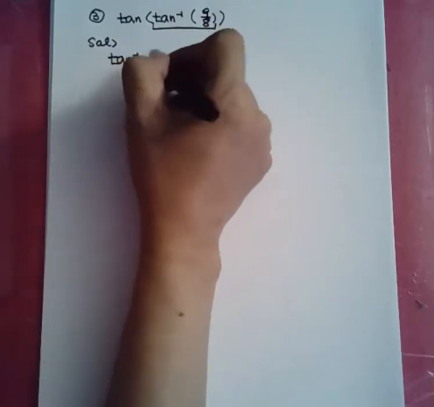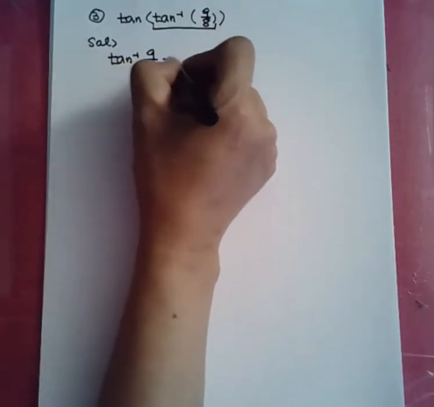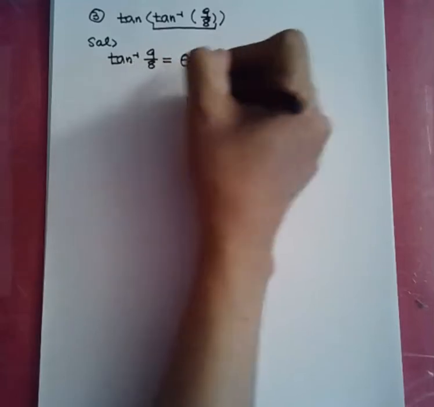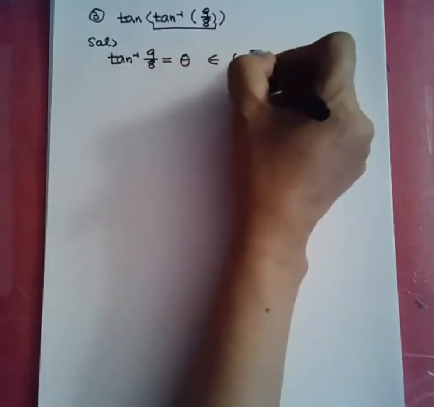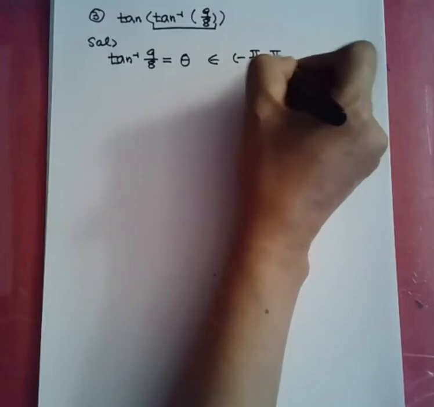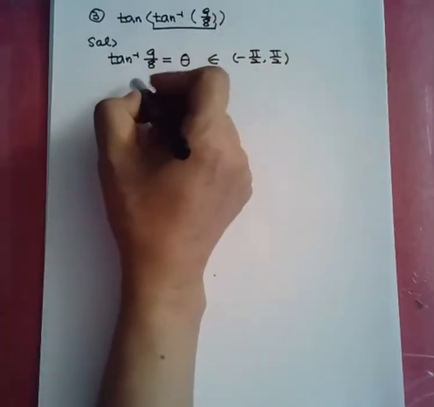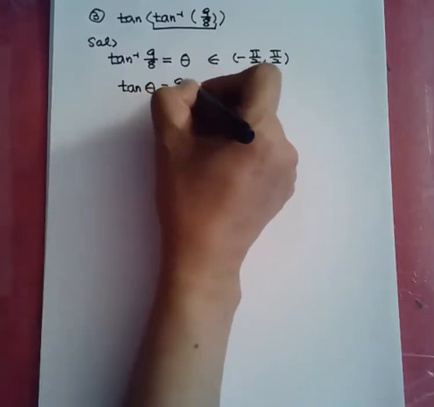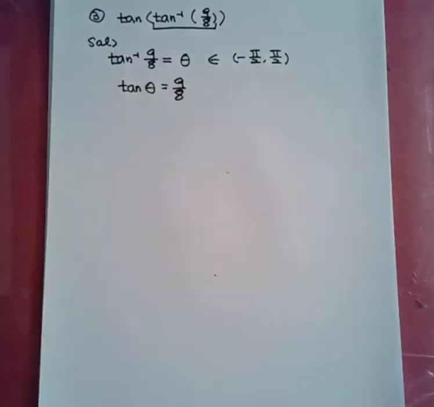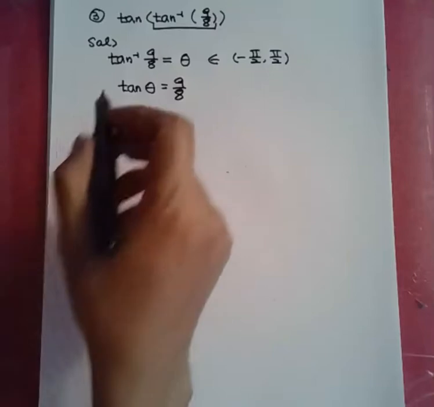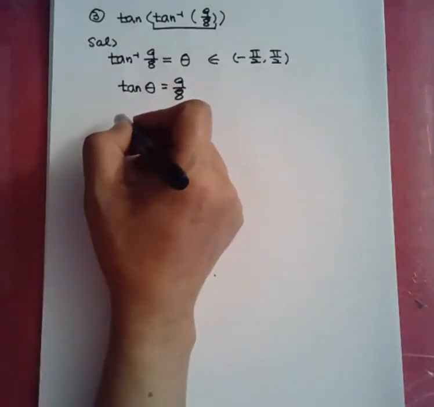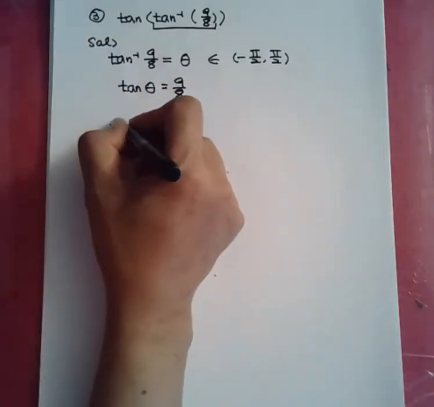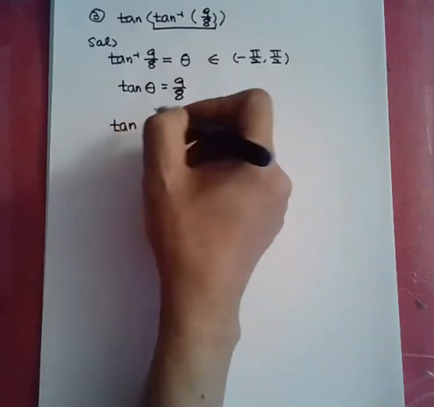Tangent inverse of 9/8 is the angle between minus pi over 2 to pi over 2. That implies tangent of theta equals 9/8. A convenient aspect of the tangent function is that its range is any number, so we don't have to be careful about this type of answer question.